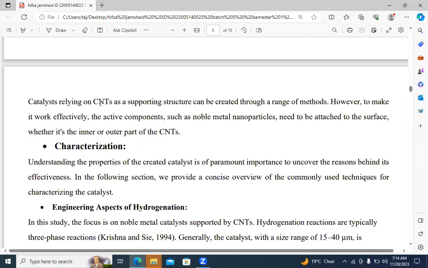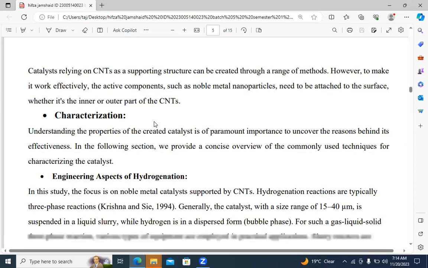Catalysts also rely on carbon nanotubes for their structure and creation method. It means they have to work effectively, and when we use noble metal nanoparticles, they have to attach to the inner and outer surfaces of the carbon nanotubes.